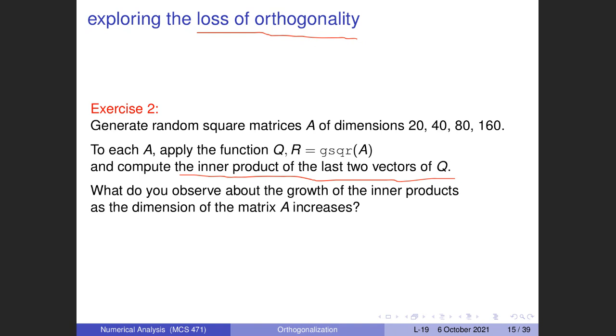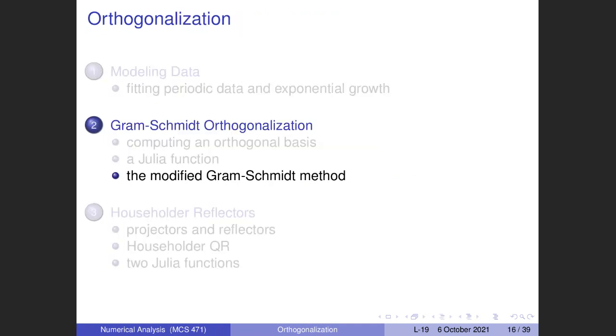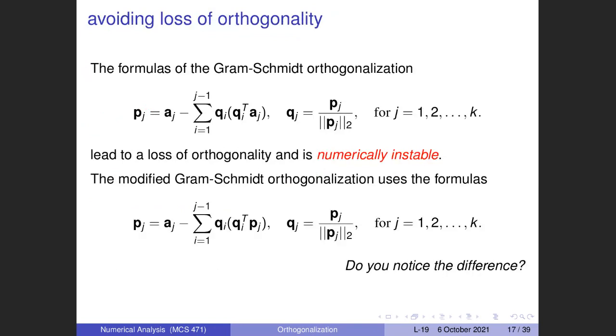So that actually means that as the dimensions grow, this is not such a good algorithm anymore. But we have a fix. The fix is called the modified Gram-Schmidt method. So the conclusion of the previous exercise is that this is not a stable method.